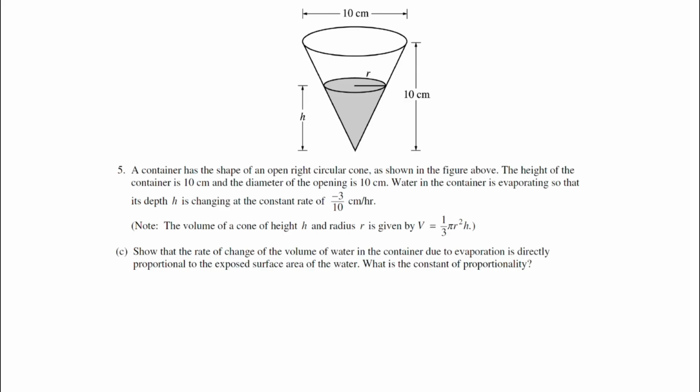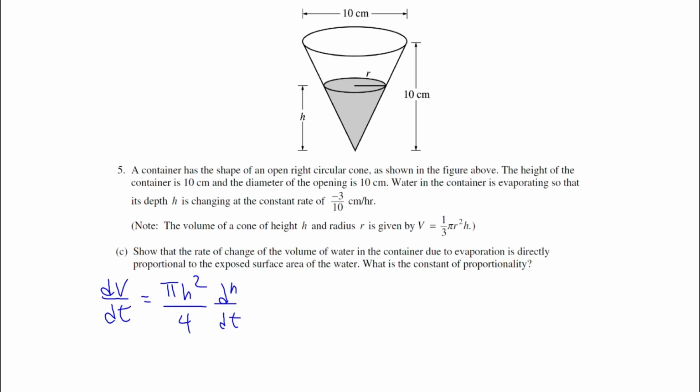So we do know that the volume of the water, as we already looked at before, we had dv dt was equal to, we ended up with pi h squared over 4 dh dt.